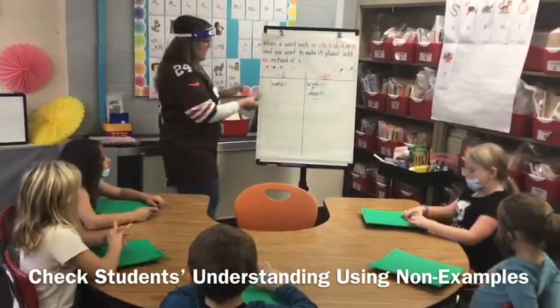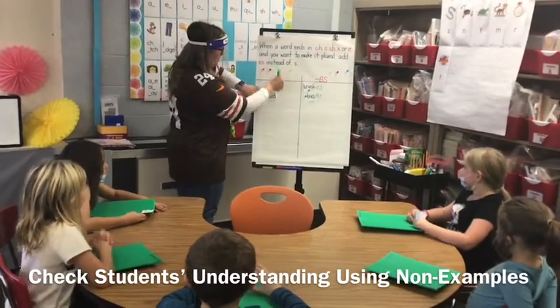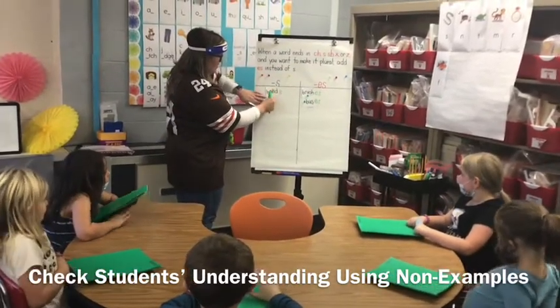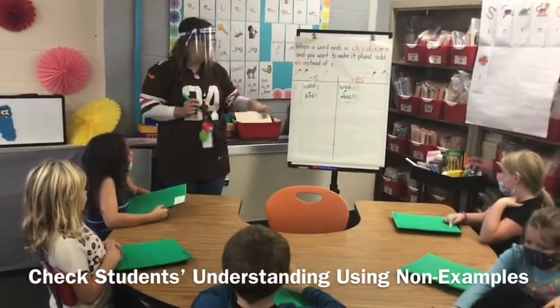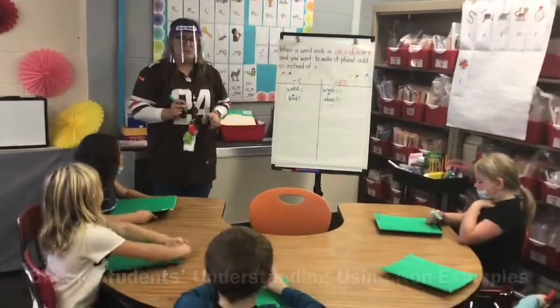Her word ends in a D, and D isn't in our rule. So Brooklyn, your word was bird, but now what is it? Birds. Good.